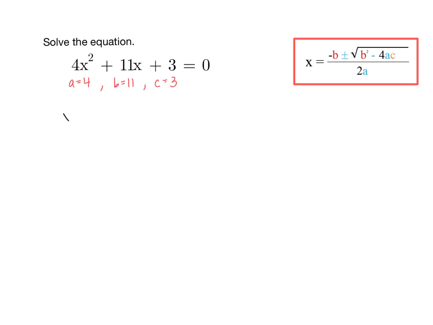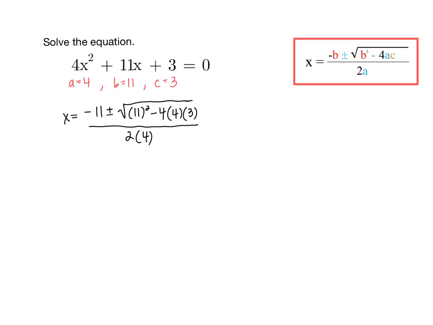We will have x equals negative b plus or minus the square root of 11 squared minus 4a, which is 4, times c, which is 3, all over 2a, which is 4.